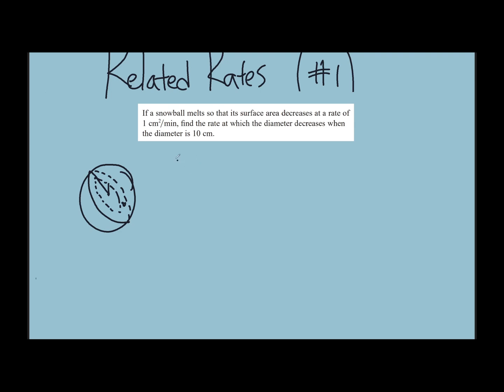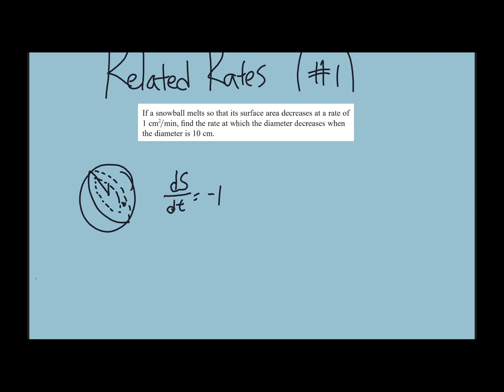And it melts at a rate of 1 square centimeter per minute. So let's call that the change in surface area over the change in time equals -1 centimeter squared per minute. Find the rate at which the diameter decreases when the diameter is 10.